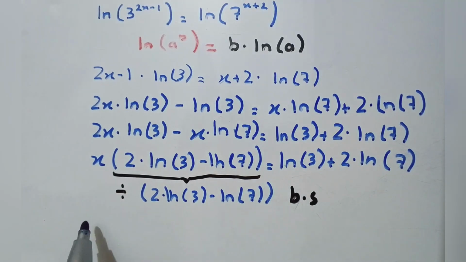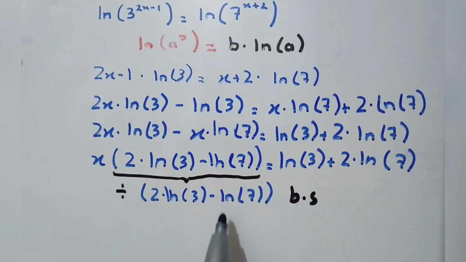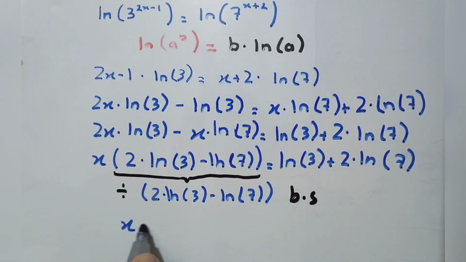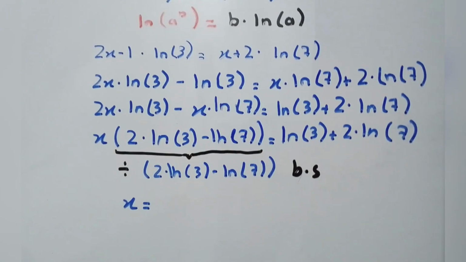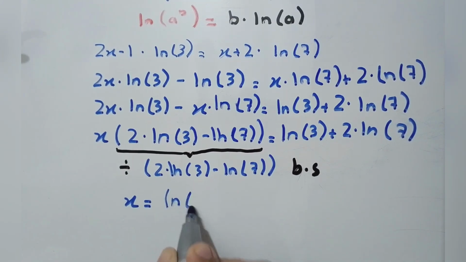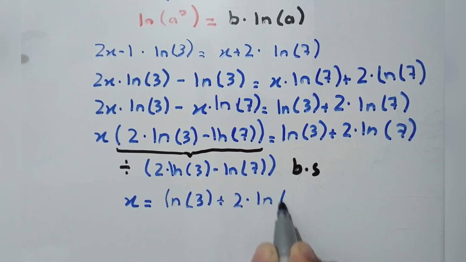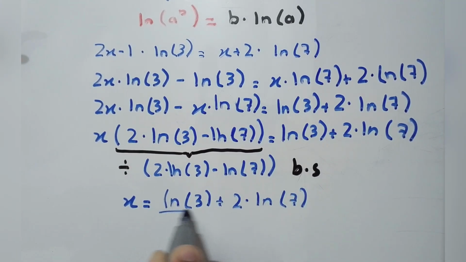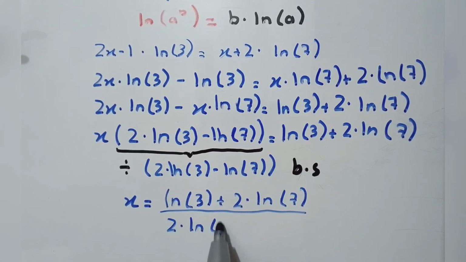Okay, now when I divide this side by 2 ln 3 minus ln 7, then on the left hand side I am only left with a simple x, an isolated x, and on the right hand side the numerator stays the same, ln 3 plus 2 ln 7, and divided by 2 into ln 3 minus ln of 7.